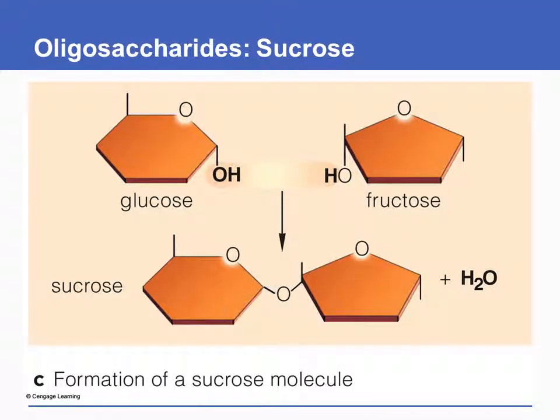Here we can see sucrose, which is a disaccharide. It's formed from two monosaccharides, right? So what type of reaction would this be? This would be condensation. When you think condensation, think combining things.